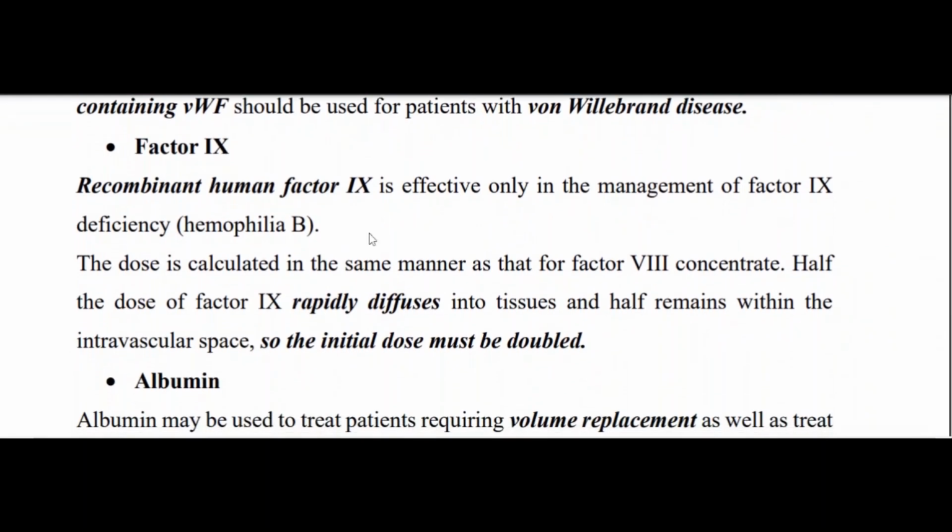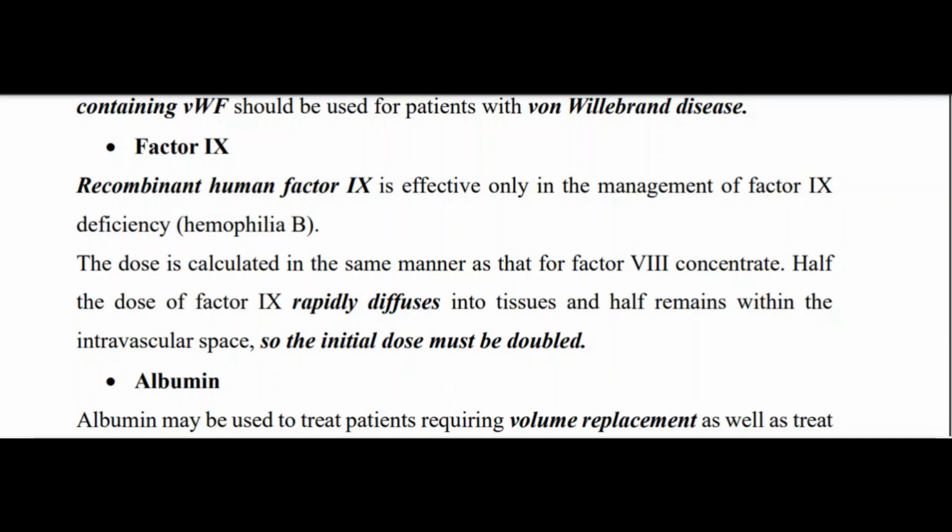I remember factor 9 concentrates, especially recombinant human factor 9, which is used to treat and manage factor 9 deficiency, also called hemophilia B. The dosage for this factor is calculated the same as factor 8. But you have to remember that half of the dose of factor 9 rapidly diffuses into tissues, and half remains within the intravascular space.